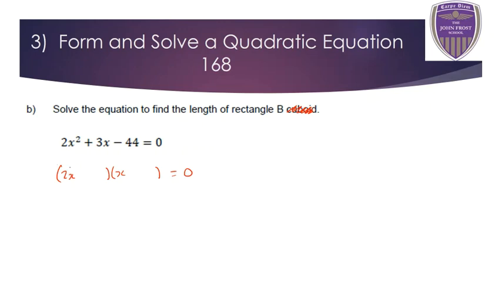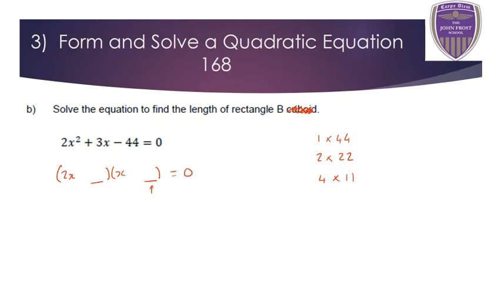Now, when I multiply these two together, I get my 2x squared. But the number part that goes here and goes here, these two numbers need to multiply to make 44. So I know that could be 1 times 44, could be 2 times 22, or it could be 4 times 11. And when I expand the two brackets, this number here is going to be multiplied by the 2x.